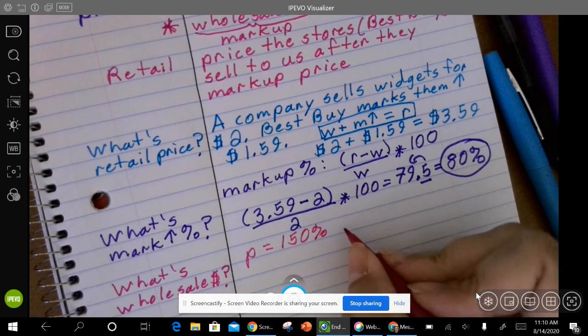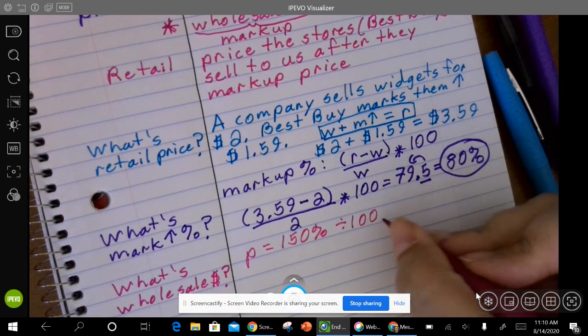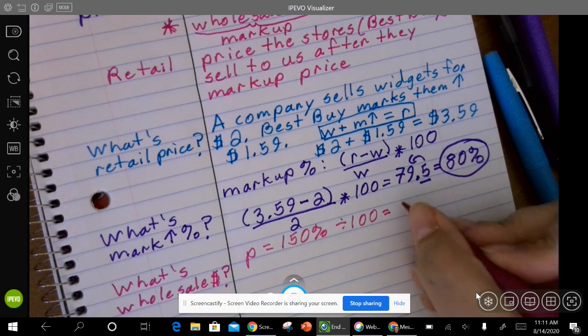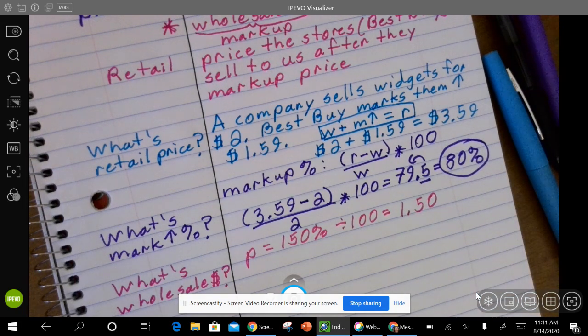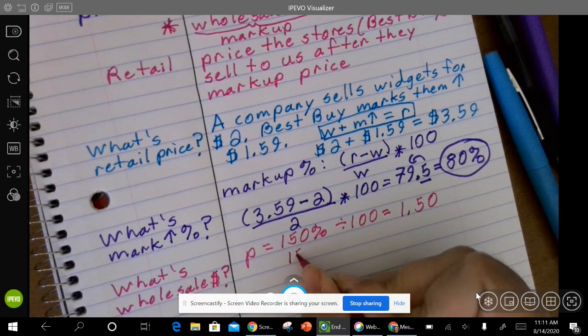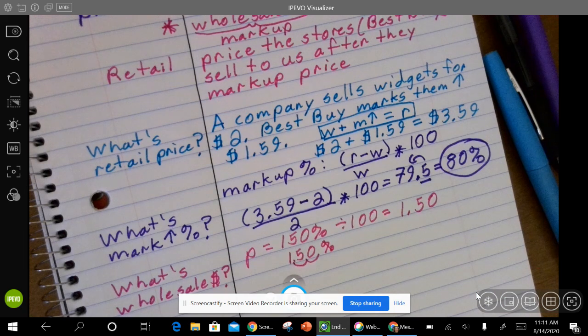I'm going to take in a percent. Remember, por ciento, or percent, so out of 100, so I'm going to divide by 100. And I get 1 and 5/10. You can also think of it as dropping the percent sign and moving it to the left, to the left, and add that decimal.